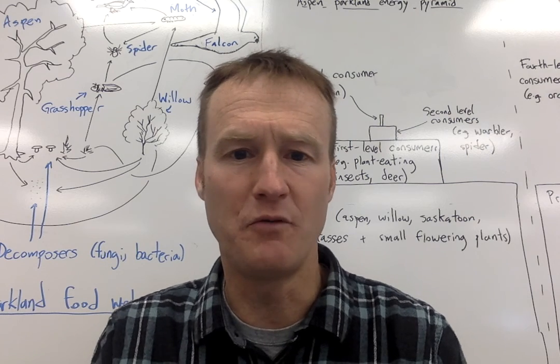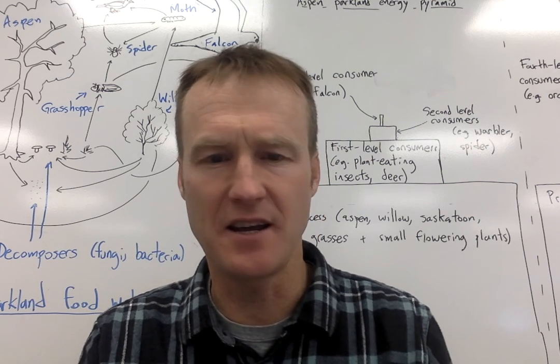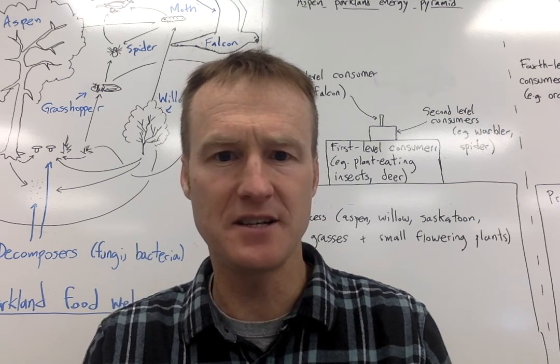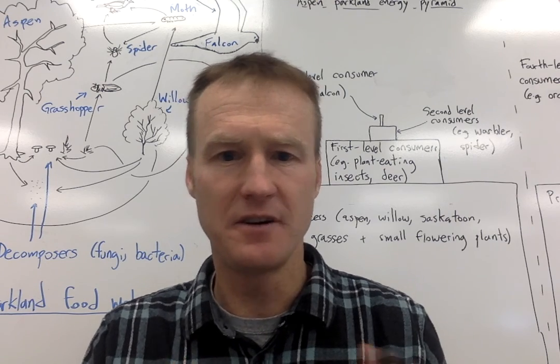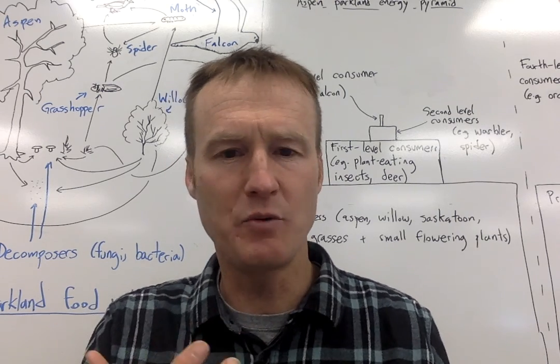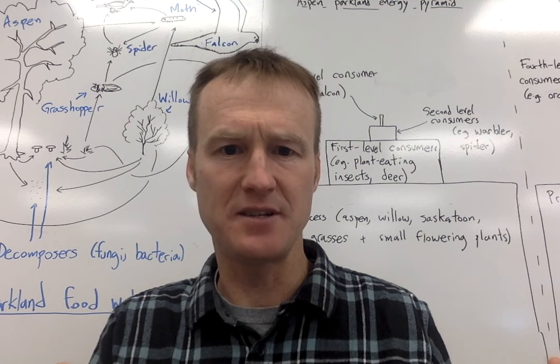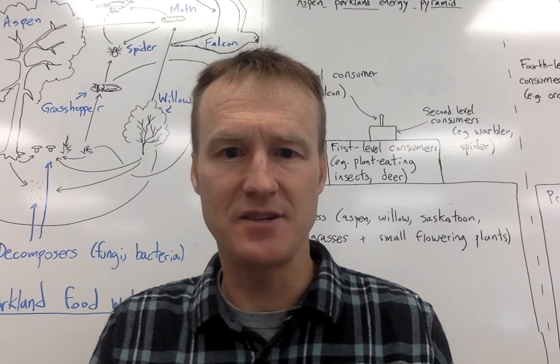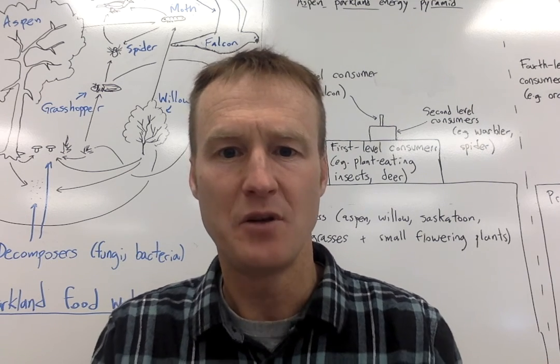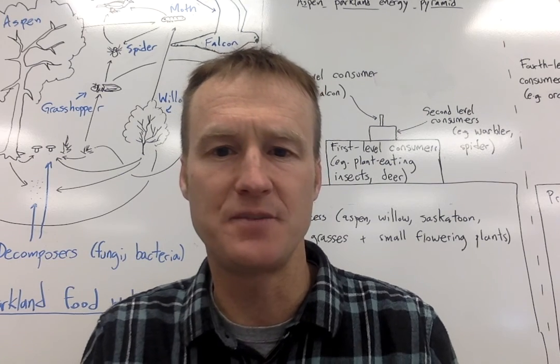Even in a very simple food web, you might have, say, 30 or 40 different species interacting with each other. Some of them eat only one species, others eat several species, some are eaten by several species, and some don't have any predators. Food webs show those kinds of relationships.